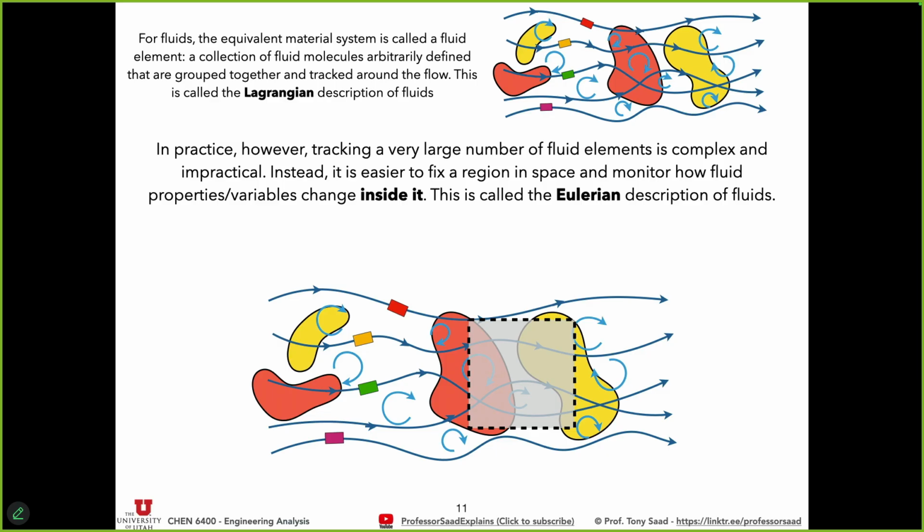In that Eulerian description, if you were to apply this, for example, to cars driving on a freeway, instead of following the cars, you would stand and put a speed tracker and watch as the cars come by. You measure the speed at that point, okay?